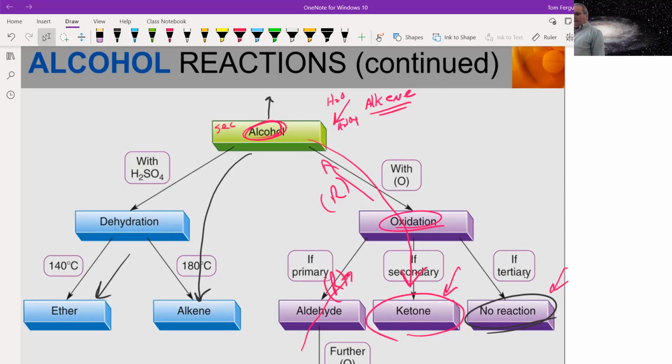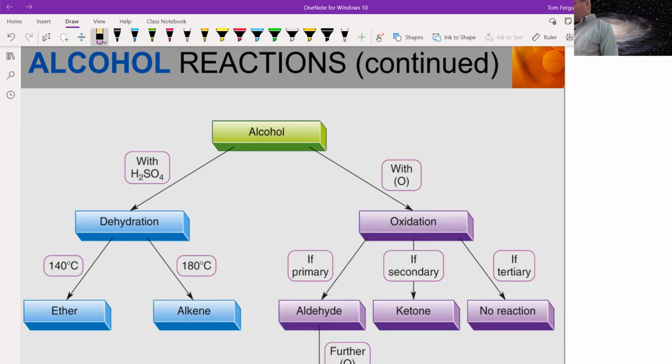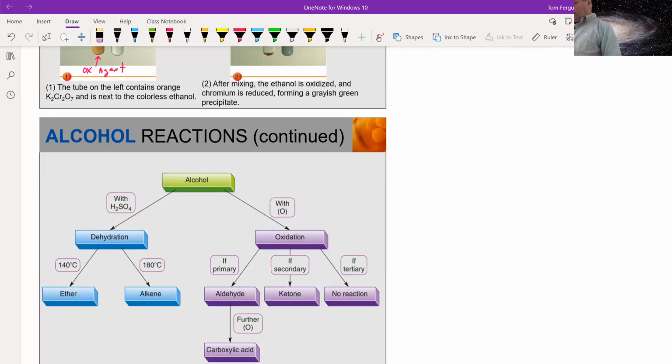If we look at our flow chart now, let's clean this up here. So alcohols can undergo dehydration to form alkenes or ethers. They can be oxidized to form aldehydes, ketones, and acids.